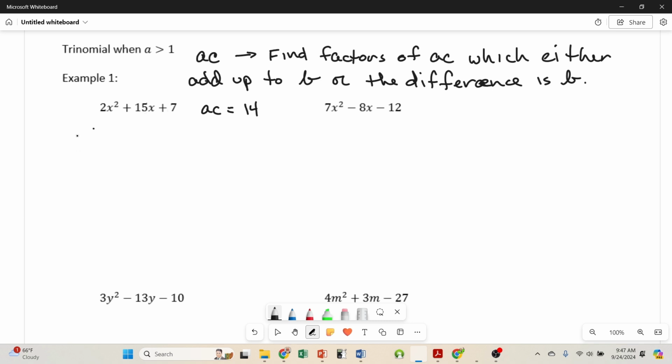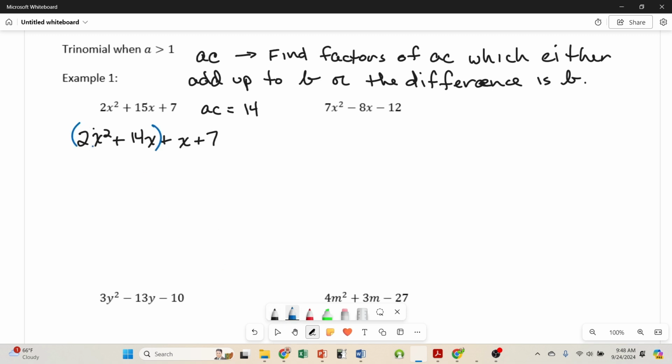So basically what we do here is we say 2x squared, and we split it. So 2x squared, and I say plus 14x plus 1x plus 7. This is called factoring by grouping. So now I group these.